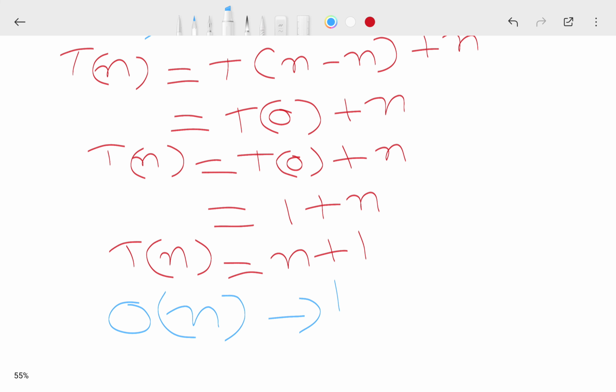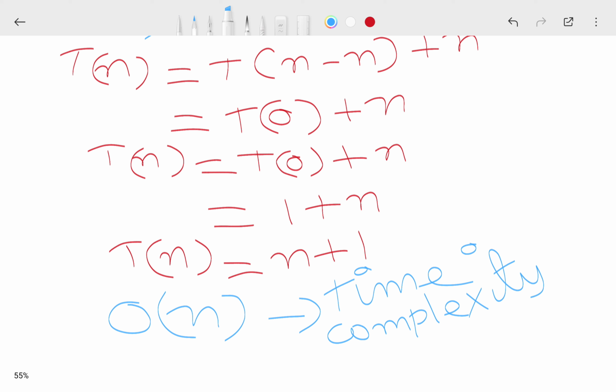So this is the time complexity of this particular recursive function. The recurrence relation is actually a relation that is used to represent a recursive function. The actual objective of the recurrence relation is to calculate the time complexity of a recursive function, because the time complexity of a recursive function cannot be measured using the traditional line count approach.